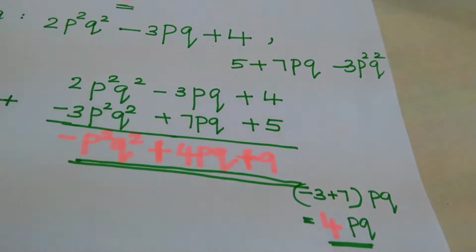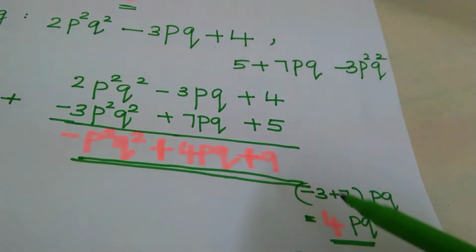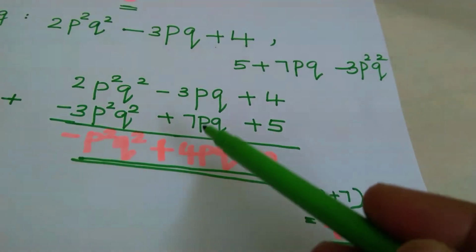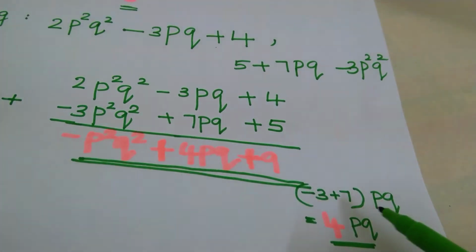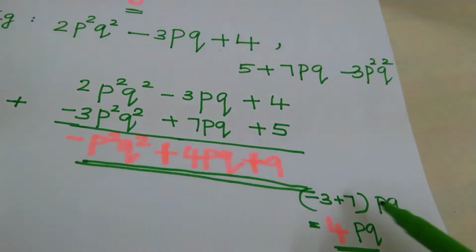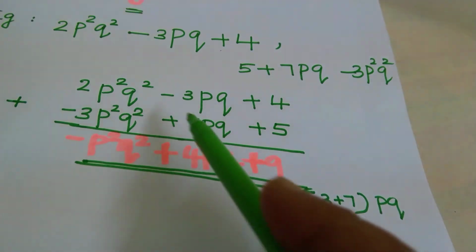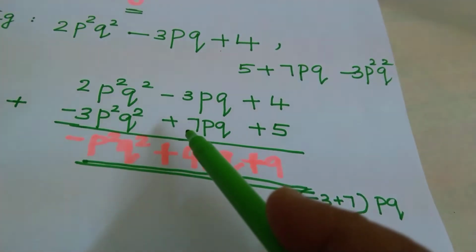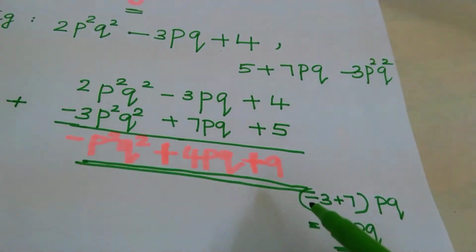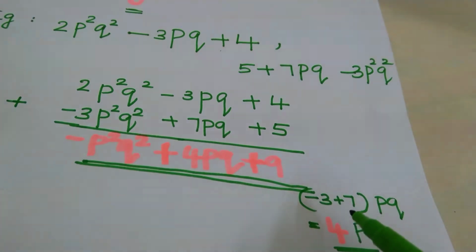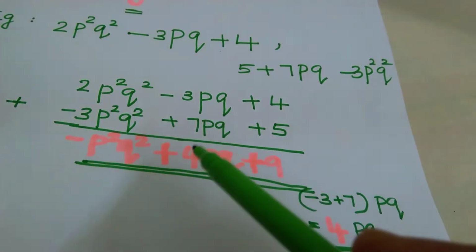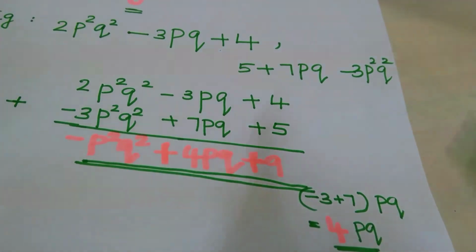While adding these two terms, we have pq in common. So we have taken it outside. What is not common in these two terms we will keep in the bracket. That is minus 3 plus 7, which is 4. So the sum of these two terms is plus 4pq.